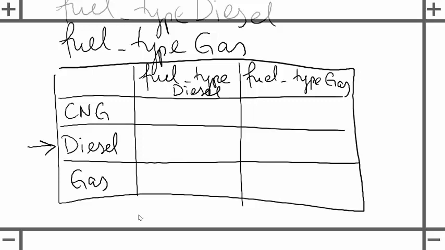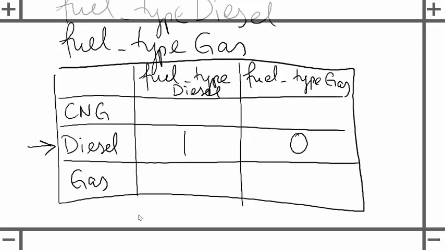Remember we discussed that 0 means no, 1 means yes, right? That's the standard way to encode yes, no. So if the car runs on diesel, the value for the fuel type diesel variable should be 1, and the value for fuel type gas should be 0, right? So the car runs on diesel, not on gas. That's what it literally means.